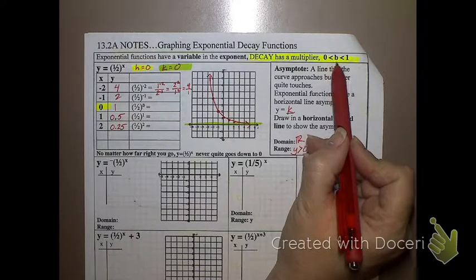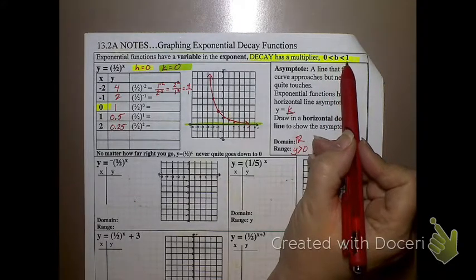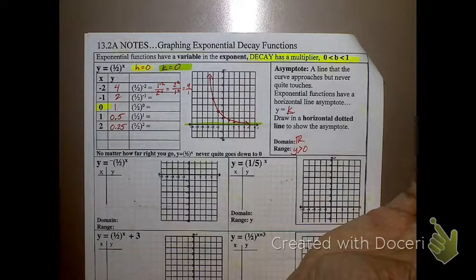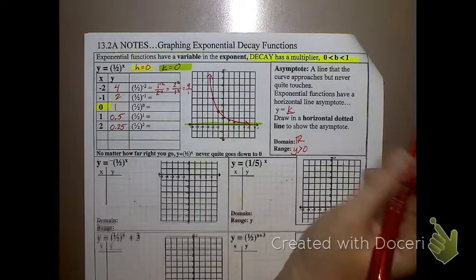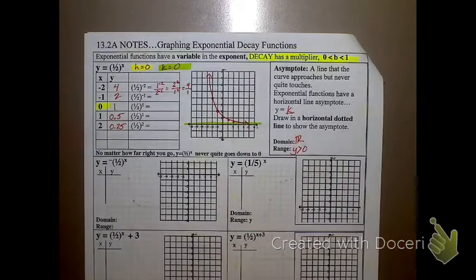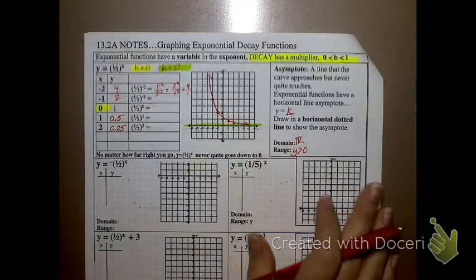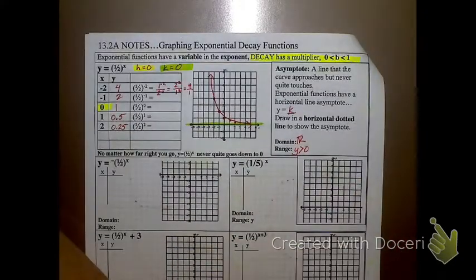B always has to be between 0 and 1. Because if your B value is 5/2, that's a fraction, but that's exponential growth because 5/2 is bigger than 1. Okay? So don't get hung up on that whole, if it's a fraction, it's decay. In the past we've had on the test, I'll give you like 5 equations and just ask you to write growth or decay or neither next to them.